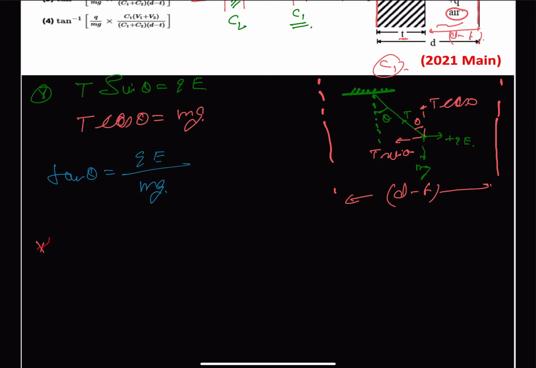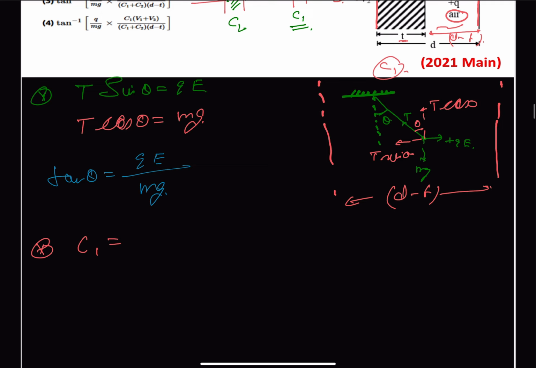C1, which is for air, equals epsilon A divided by D minus T, and C2 equals K epsilon A divided by T. C2 is for the dielectric and C1 is for the air.